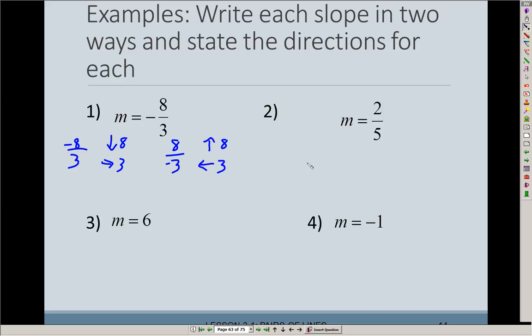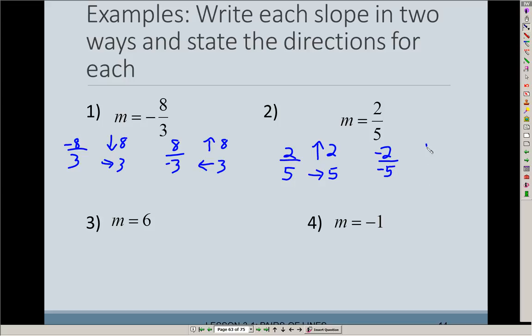When the slope is 2/5, we could write that as positive 2/5. The rise is positive 2, so that's up 2. The run is positive 5, so that's right 5. And when the slope is positive, you can also write it as both of the numbers being negative.